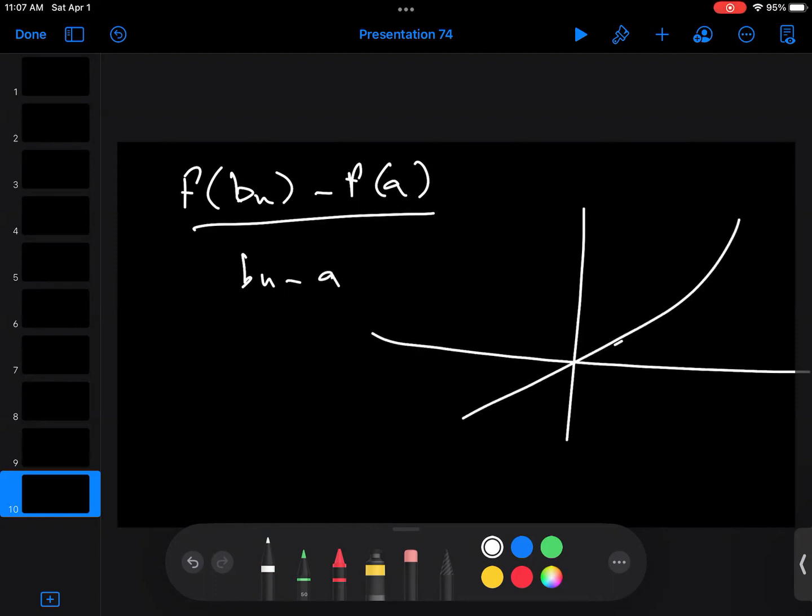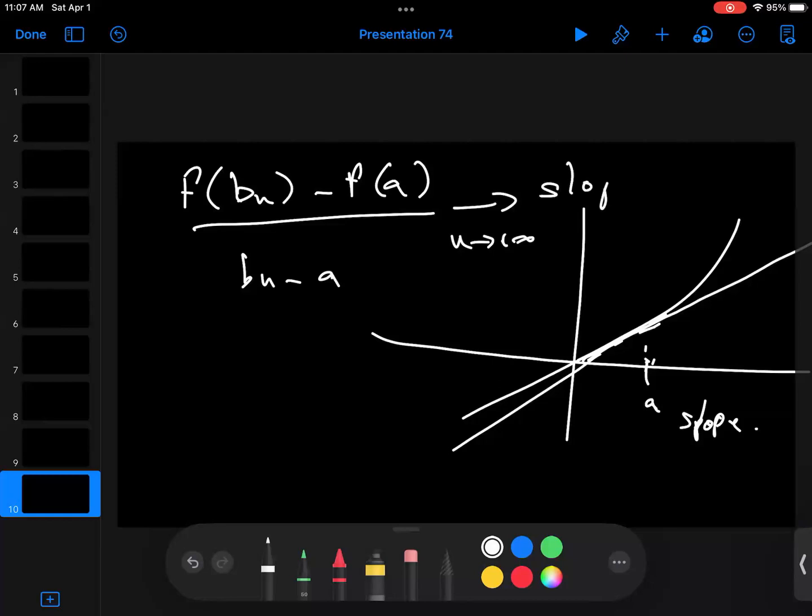I obtain the slope of what we call the tangent, which is a line that touches the curve in one point only, which is A, f of A. So this is the slope of the tangent.